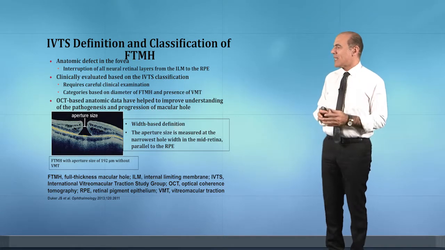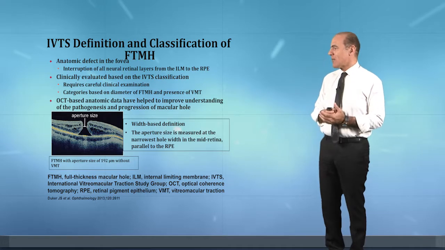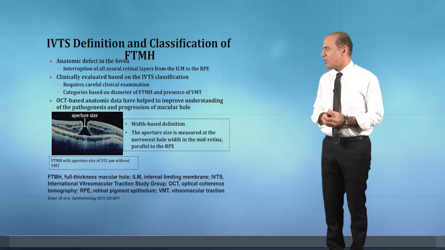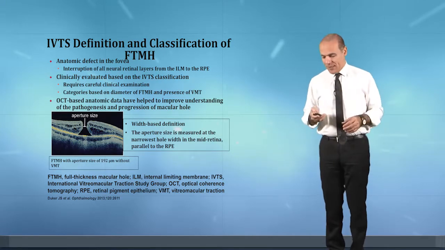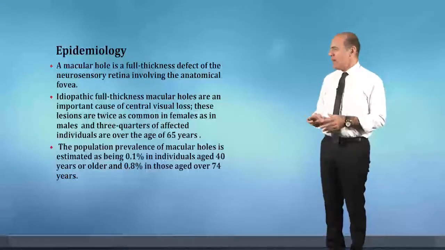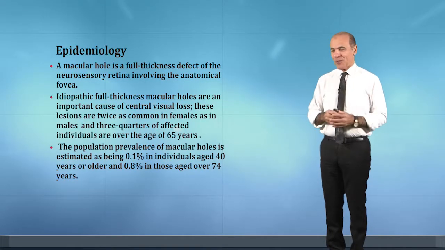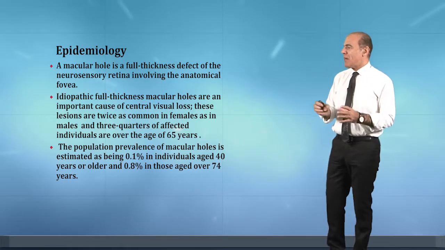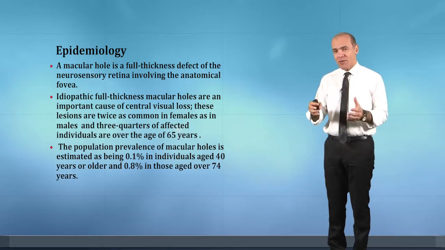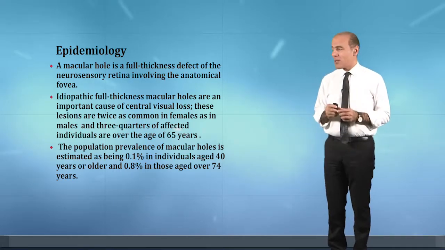So this is clinically evaluated based on the International Vitreomacular Traction Study group classification, and requires careful and appropriate OCT studies. A macular hole, as we know, is a full thickness defect in the neurosensory retina, for the people who like the literature way of talking. Idiopathic full thickness macular hole has many reasons. Of course, we will talk about the reasons of the macular hole, but idiopathic macular hole is the most common.